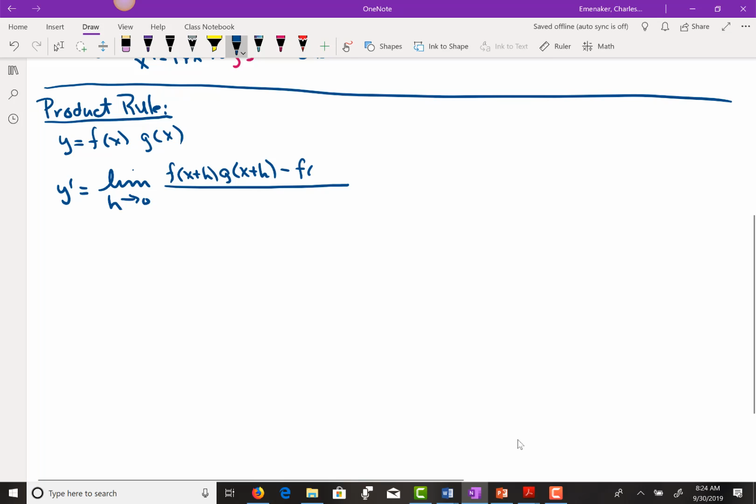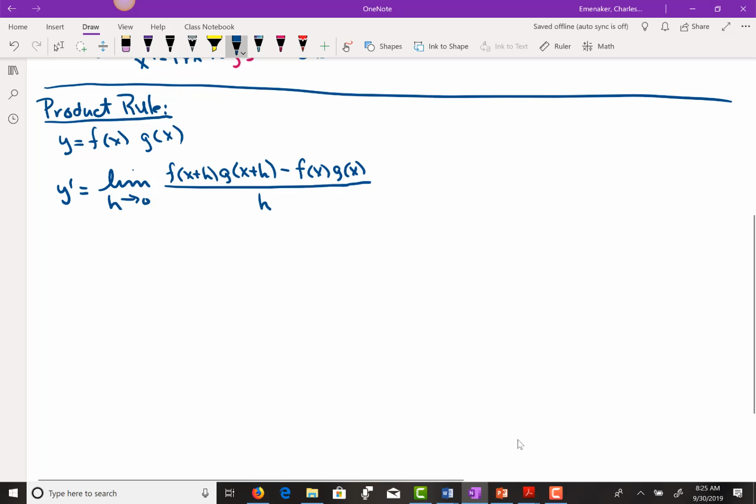In this case, it's f of x times g of x. Then, what does the denominator simplify to equal? h. Everybody good? Okay. So, from this, we can get the product rule.